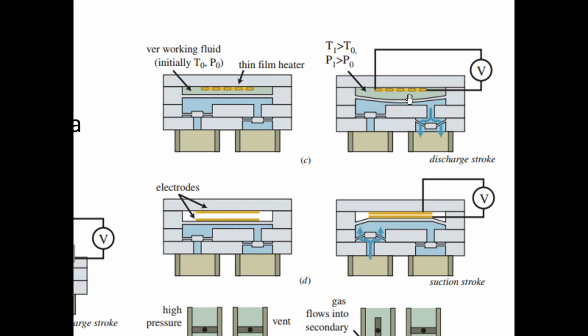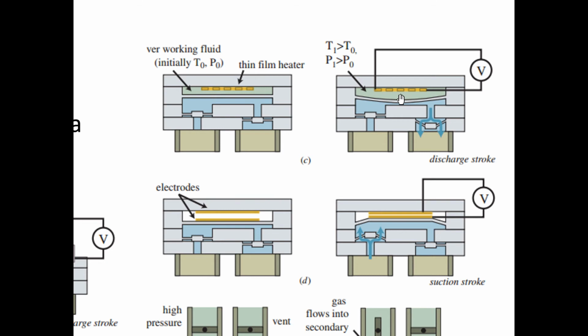But when you're working with liquids, there are some ways that you can cause liquids to expand too. For example, if you have a heater in water, and we're getting into a different class of pumps, but if you heat up water enough, if you get past the boiling point, you're going to actually blow a bubble, right? Bubbles will start to come out. That's called a phase change micropump, and that can also be done this way. You just have a heater, you create a bubble here, and that bubble actually pushes the diaphragm out.